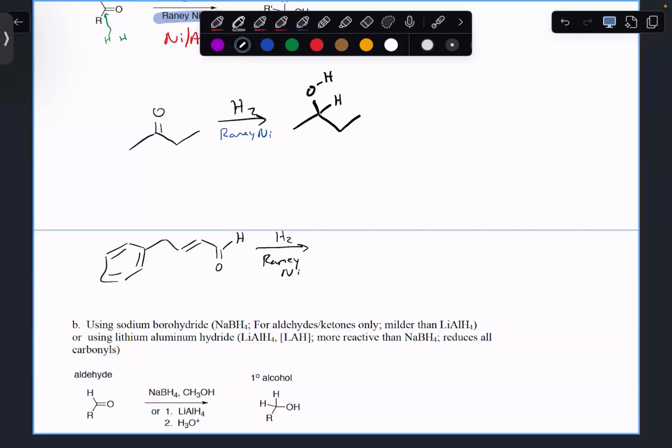No, you couldn't do that with catalytic hydrogenation with platinum and palladium. You certainly can't do it with Raney nickel either. So the benzene is going to remain intact.